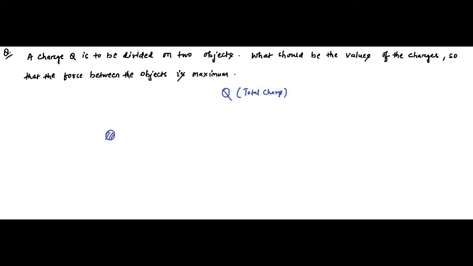Let's say these two objects are A and B. They are separated by a certain distance, let's say R. How much portion of this charge will be given to A, how much should be given to B, so that the electrostatic force between these two objects will be maximum.